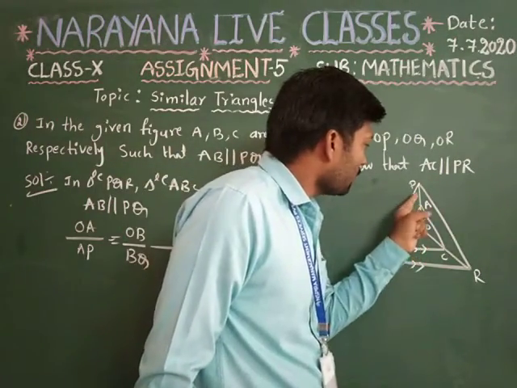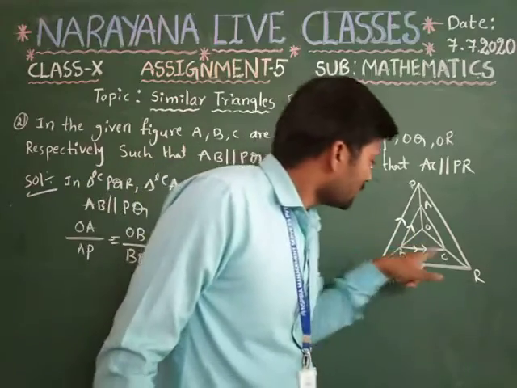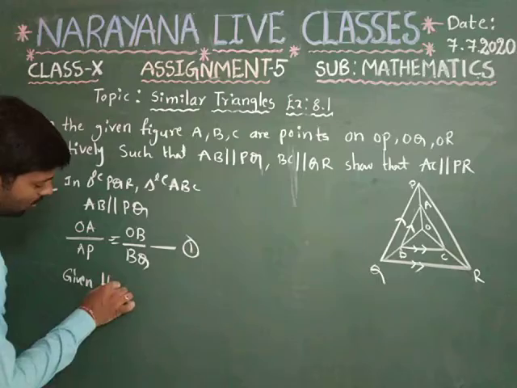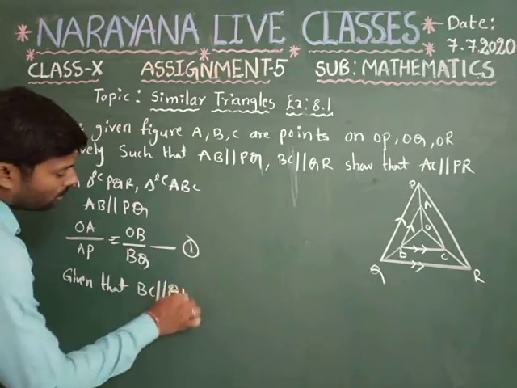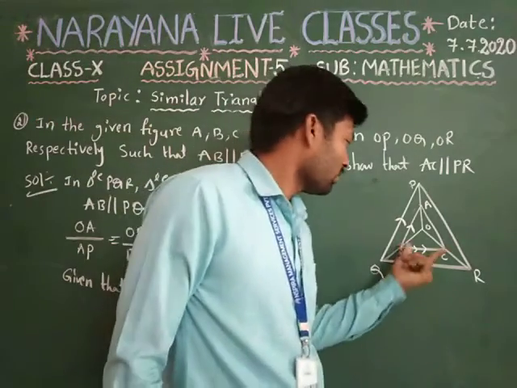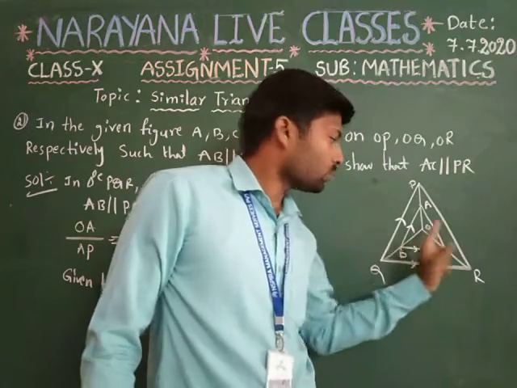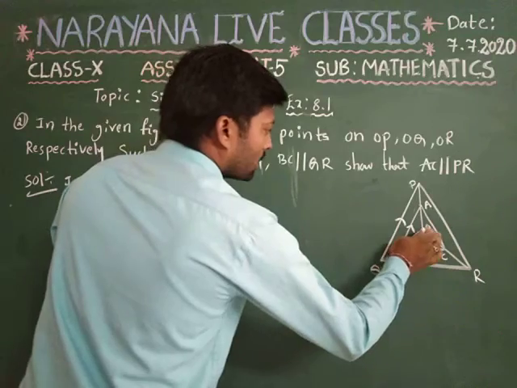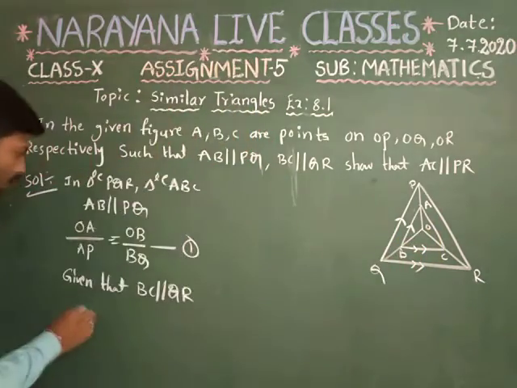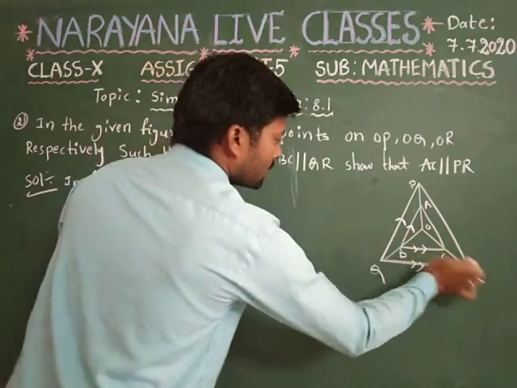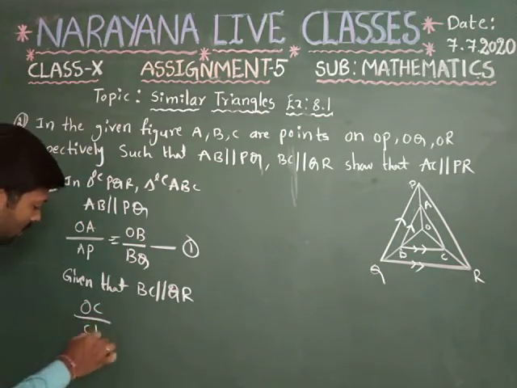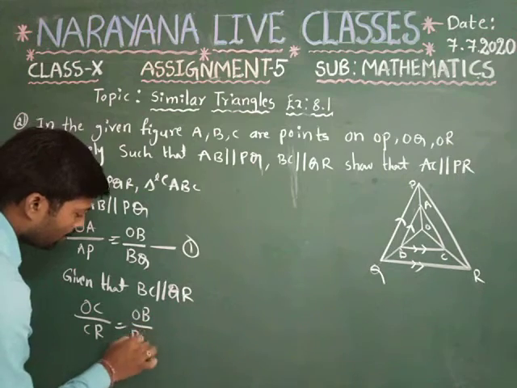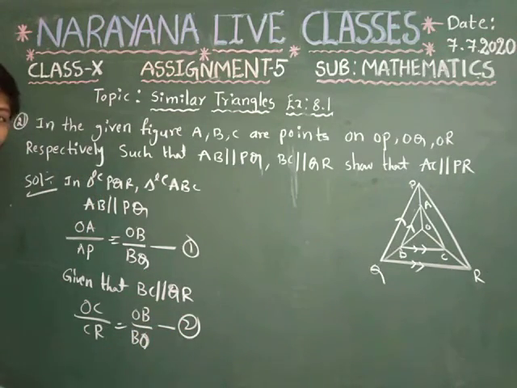Again, from triangle PQR as well as ABC, BC is parallel to QR, so as per the basic proportionality theorem, OC by CR is equal to OB by BQ. Let's take it as equation 2.